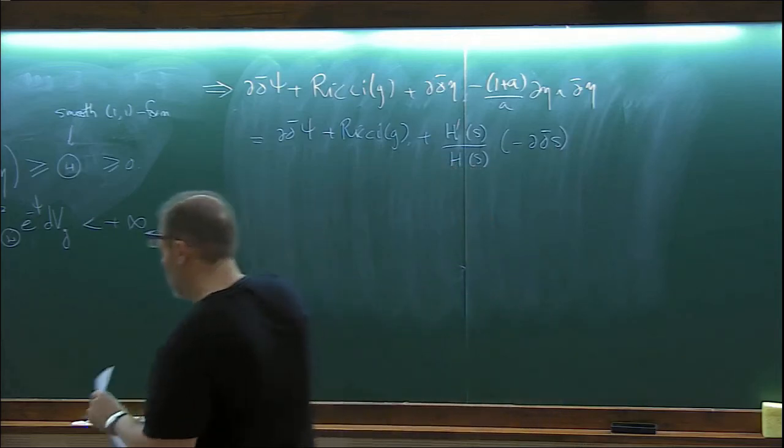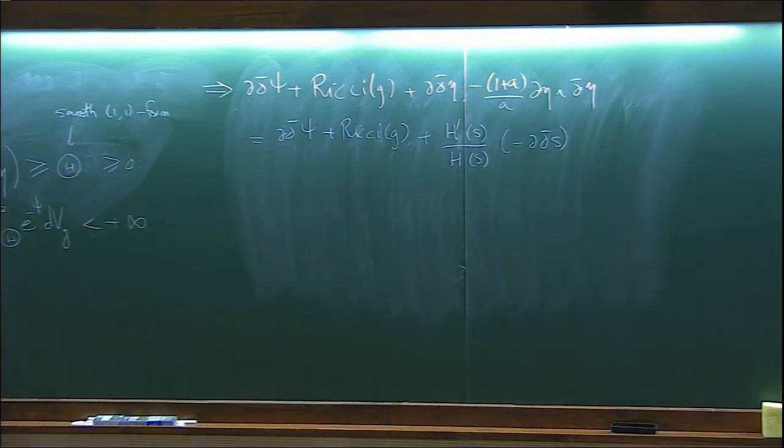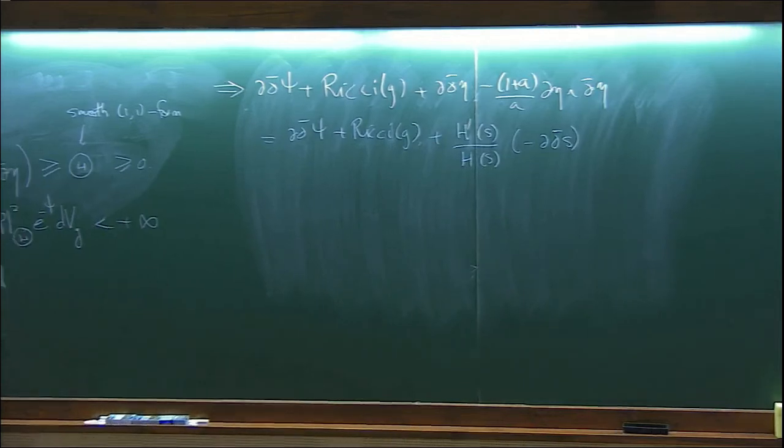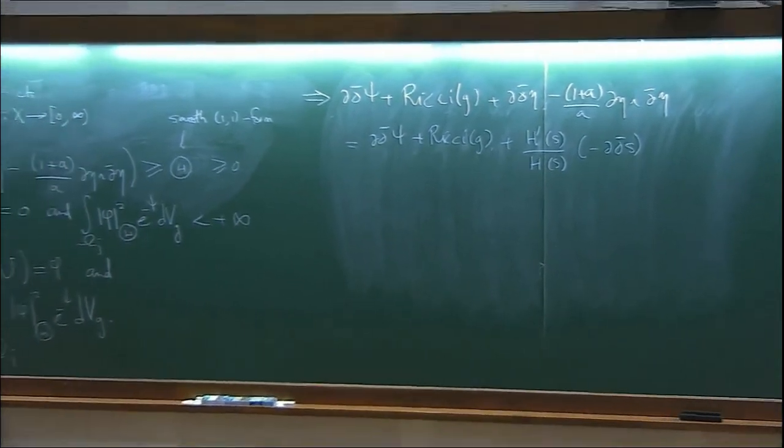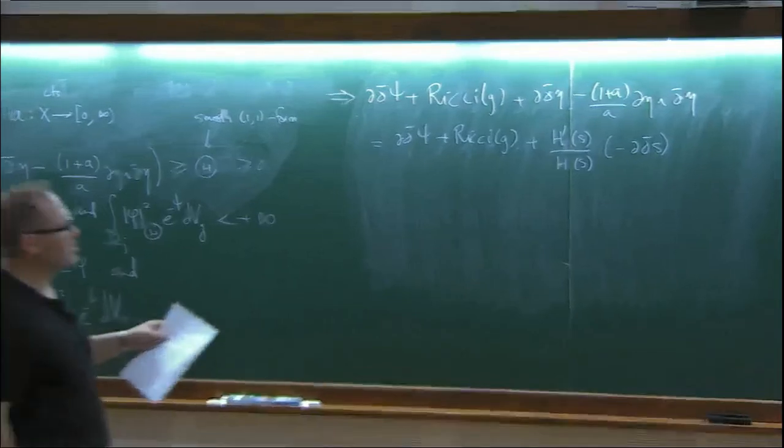We computed what negative dd bar of s is. It's this quantity here. So I'm just going to use that in the computation.